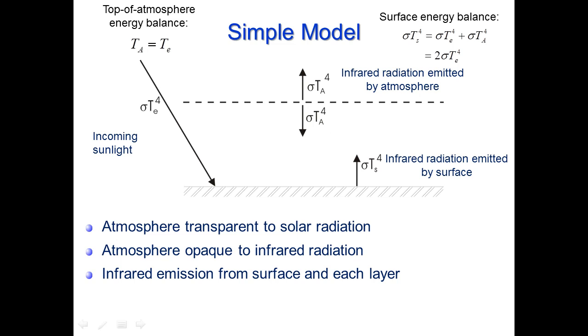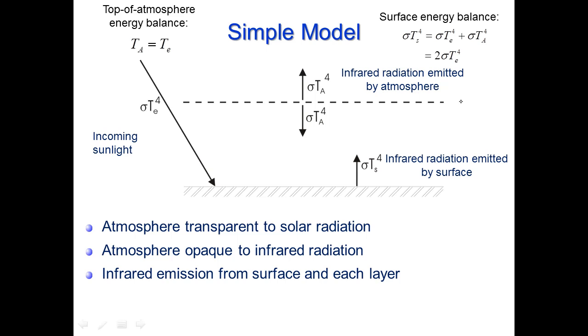So if we have energy balance, the amount of energy emitted by the surface, sigma T_S to the fourth, must equal the amount absorbed from the sun, sigma T_E to the fourth, plus the amount transmitted downward from the atmosphere, sigma T_A to the fourth. But we just discovered that T sub A is equal to T sub E, so sigma T_S to the fourth is twice sigma T_E to the fourth.